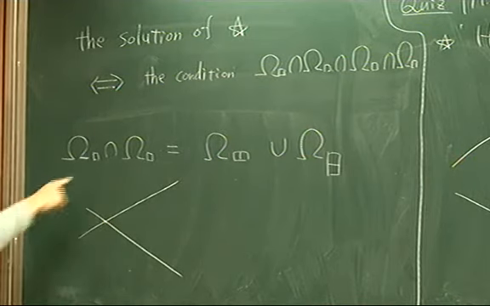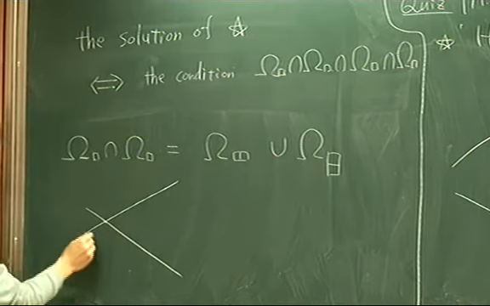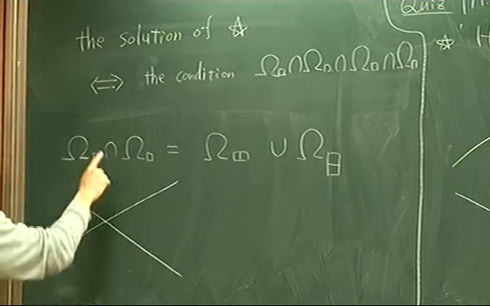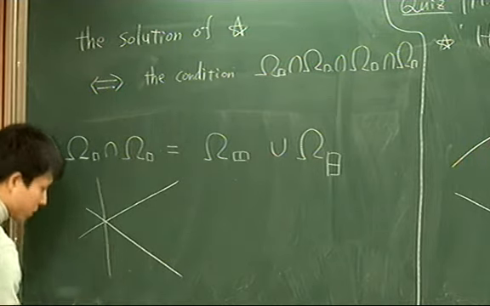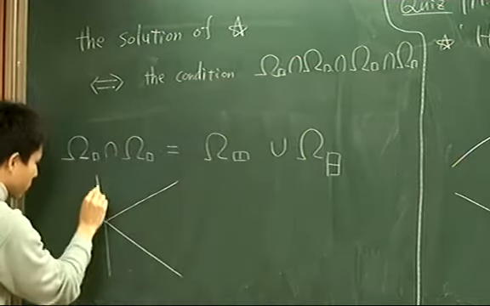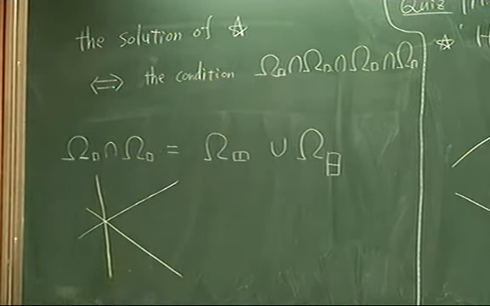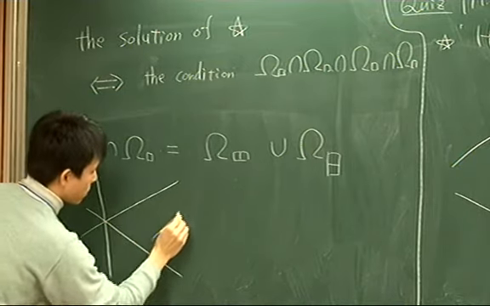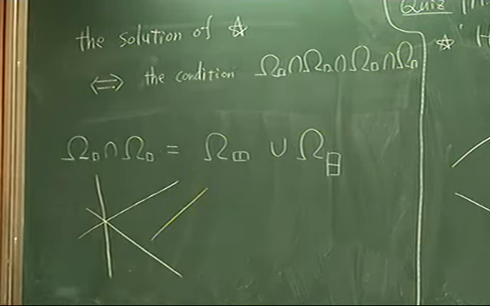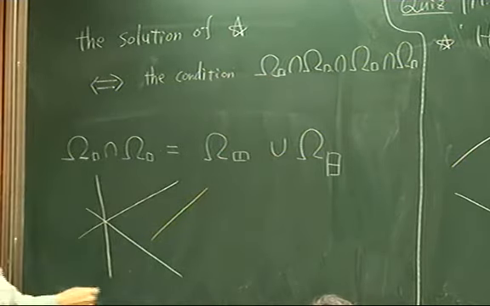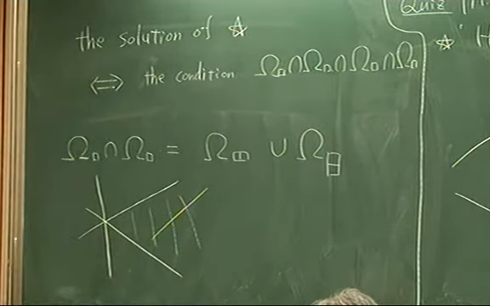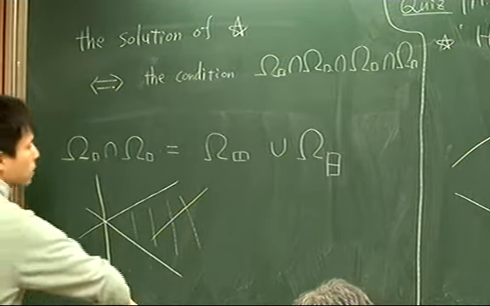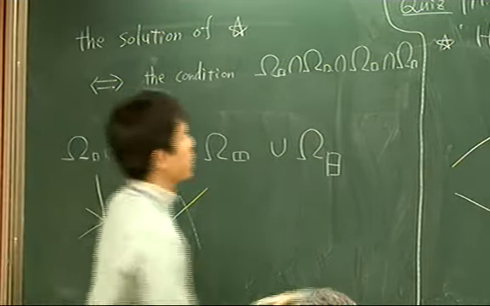Then we can translate this condition as: a line must go through the intersection point, or a line is lying on the plane spanned by the two lines. So we have this calculation.